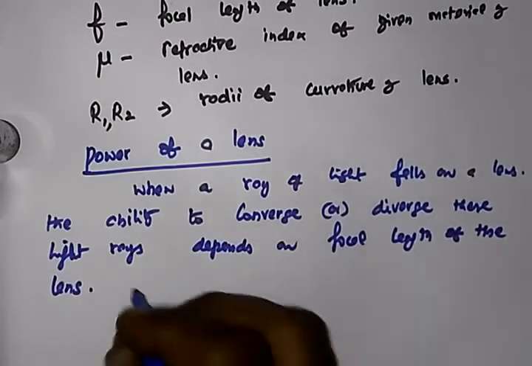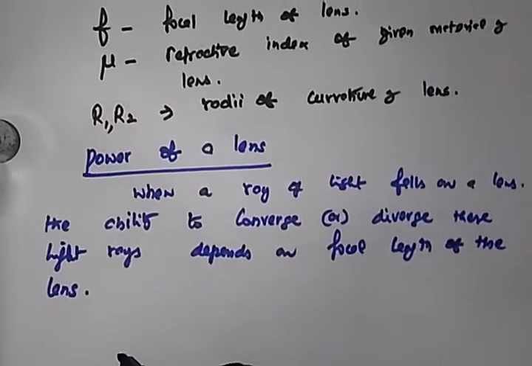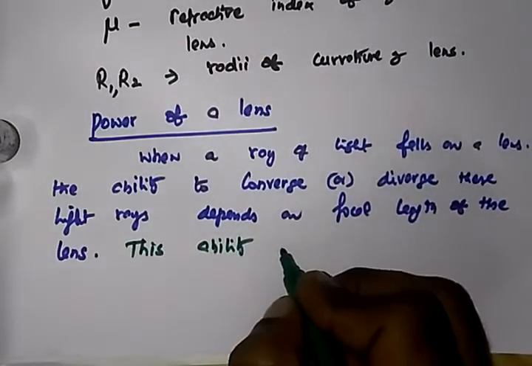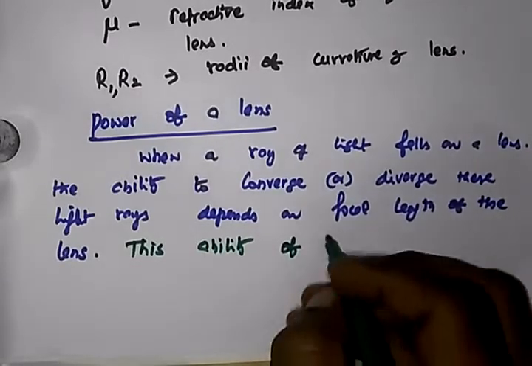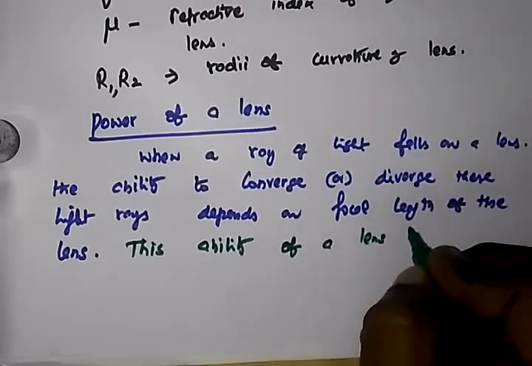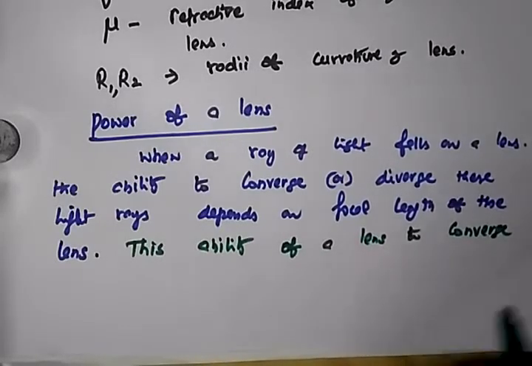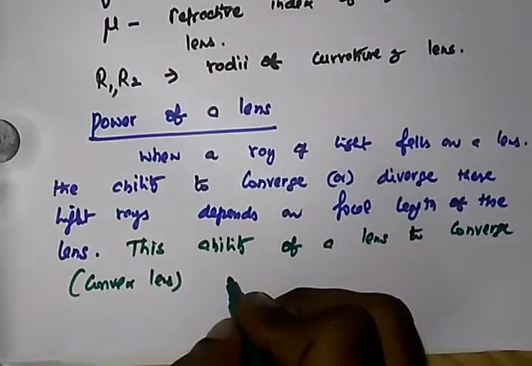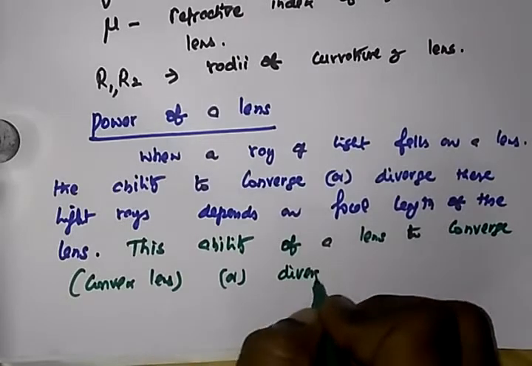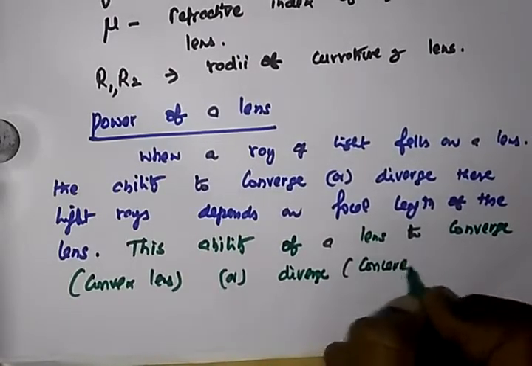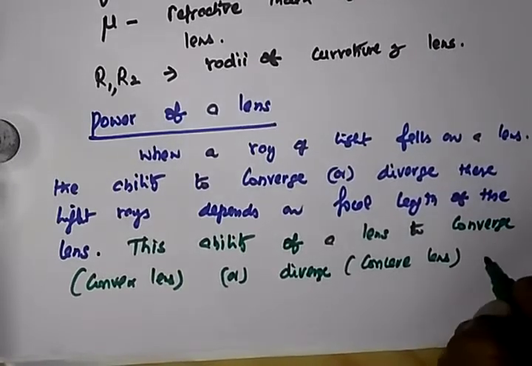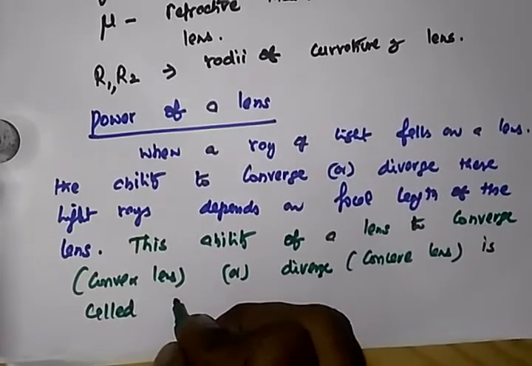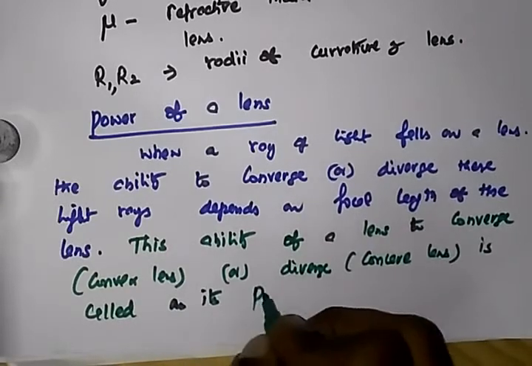This ability of a lens to converge, that means convex lens, or diverge, that means concave lens, is called its power.